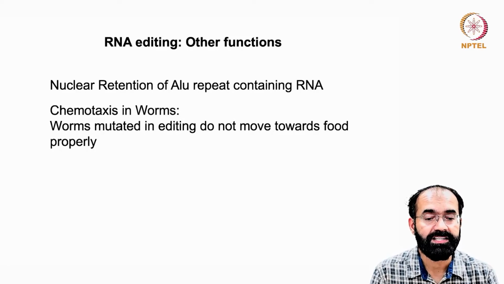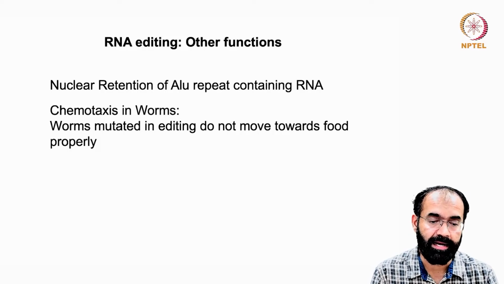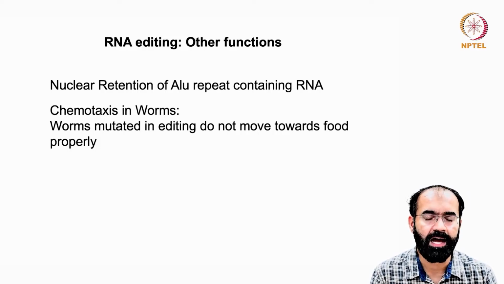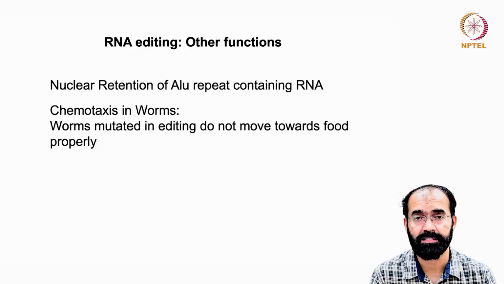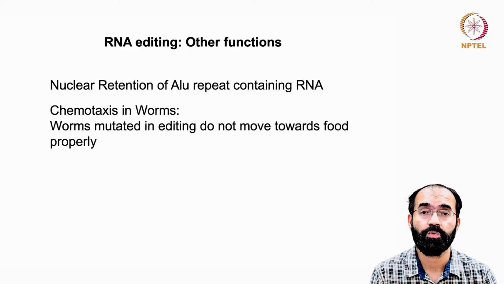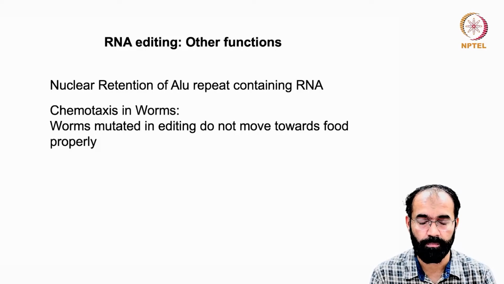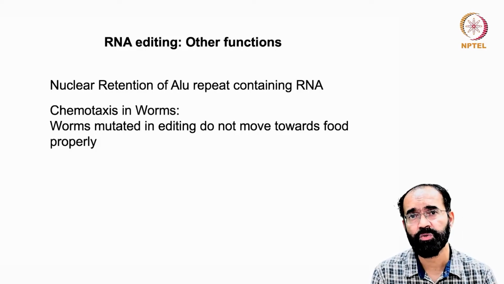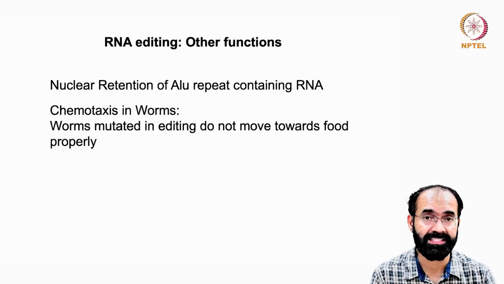Nuclear retention of ALU repeat containing RNA. ALU is a restriction enzyme which cuts in a sequence-specific manner, but plenty of ALU recognizing nucleotide sequences can be there in the genome. Restriction endonucleases, I guess all of you know, are enzymes that can cut inside the DNA.